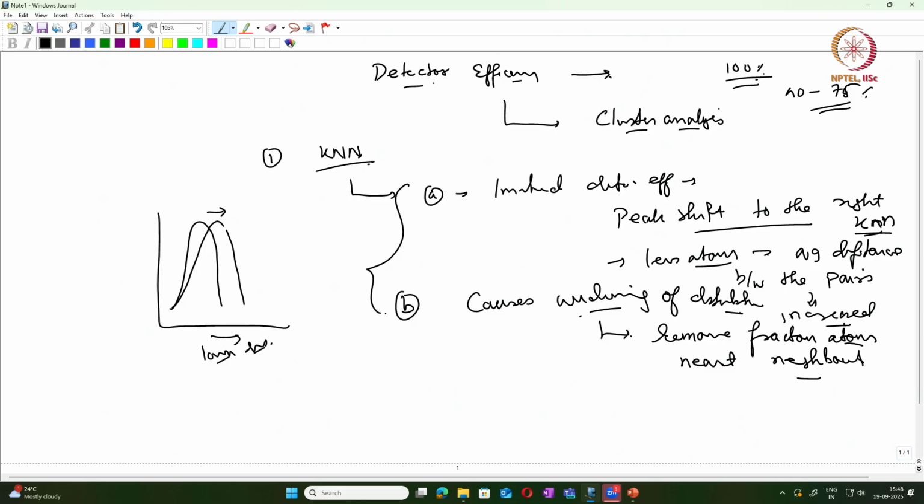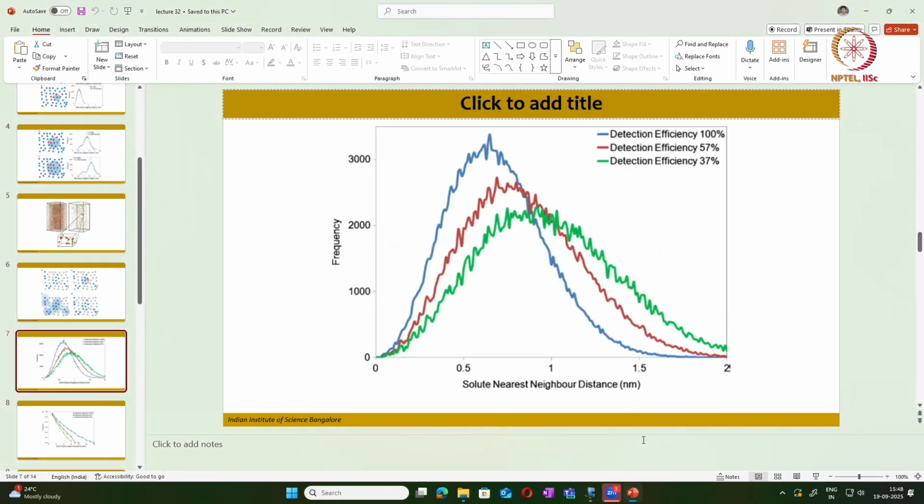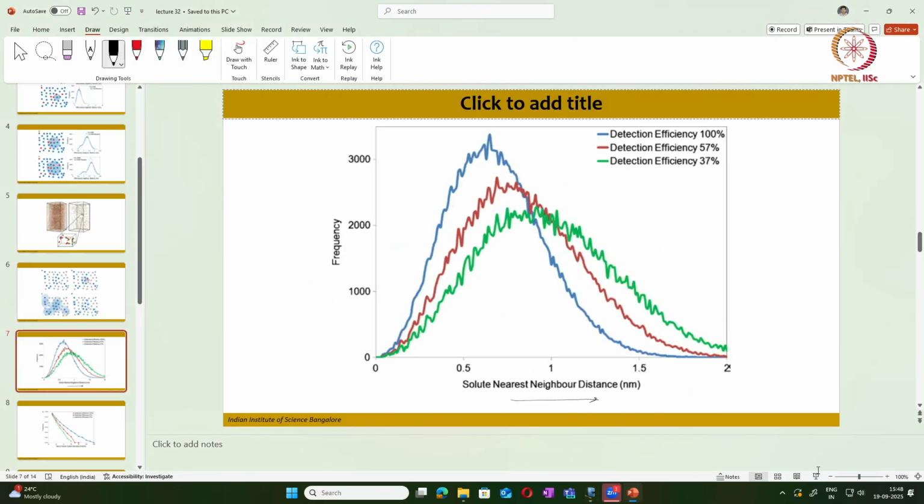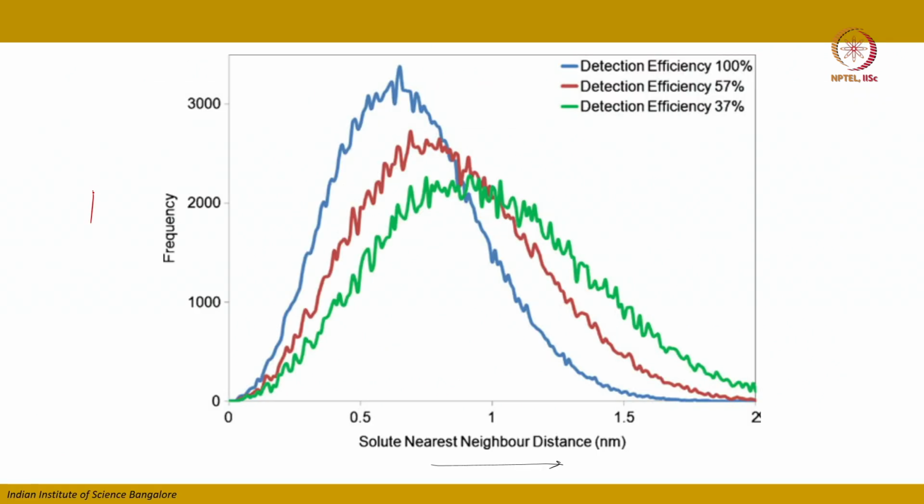So these are the two important things that detector efficiency affects in the nearest neighbor distribution. I will show you a chart where you can see the solute nearest distance, and this is the frequency. The blue color is the simulated data corresponding to 100% detection efficiency, red color 57%, and the green color 37%.